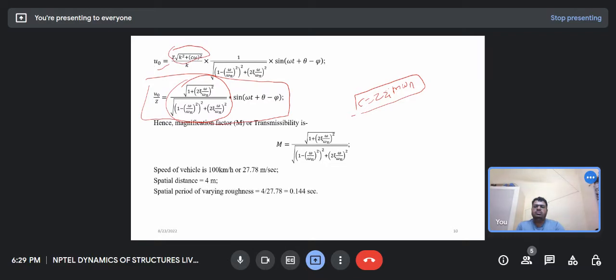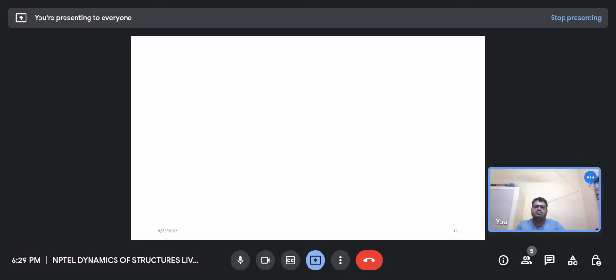The spatial distance is 4 meter, so the period is 4 by 27.78, which is 0.144 second. And the frequency, 2 pi by T, is 43.63, that is omega. The stiffness of the system is given as 400 kilonewton per meter, and the mass is given as 400 kg.